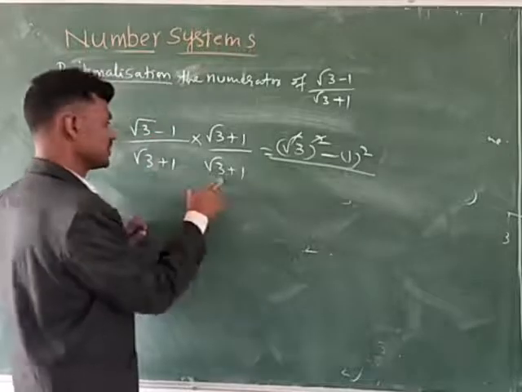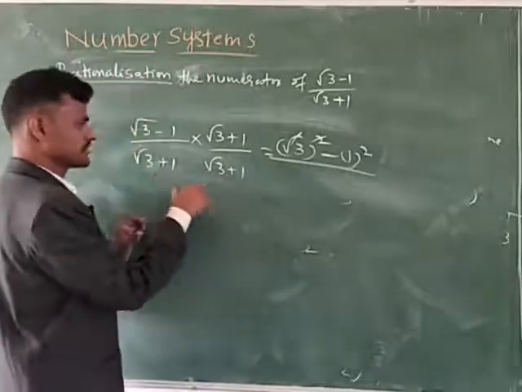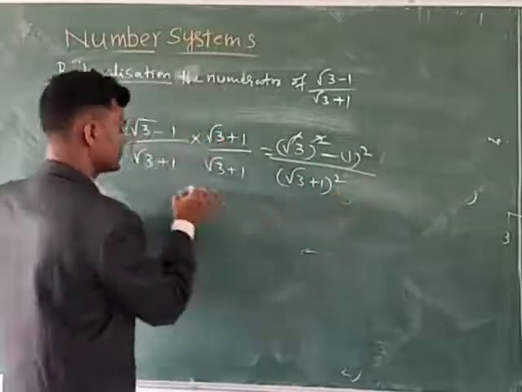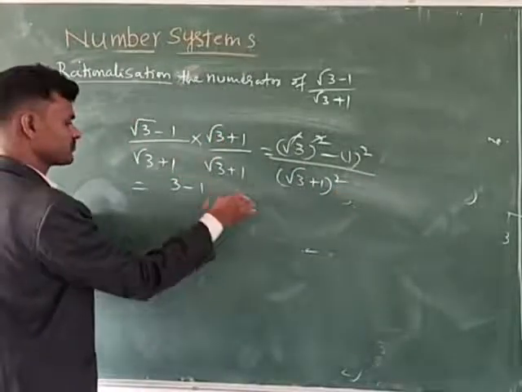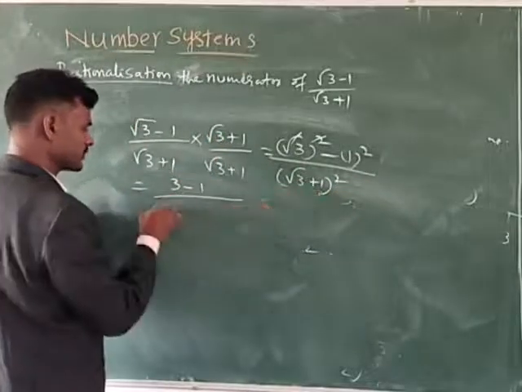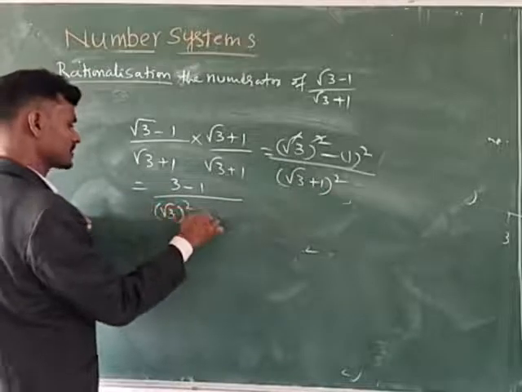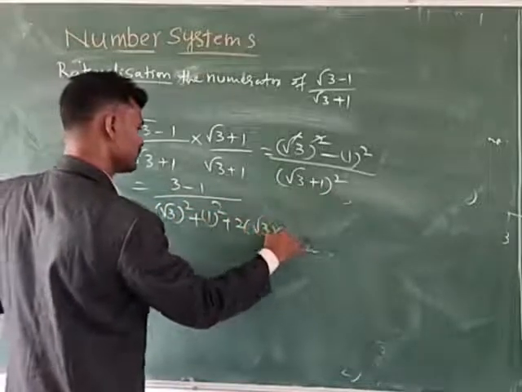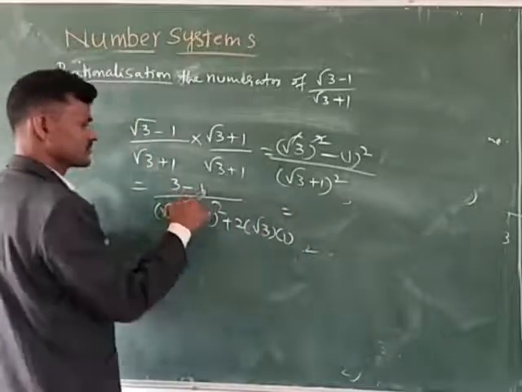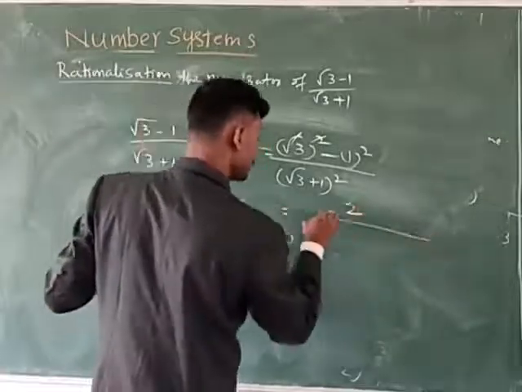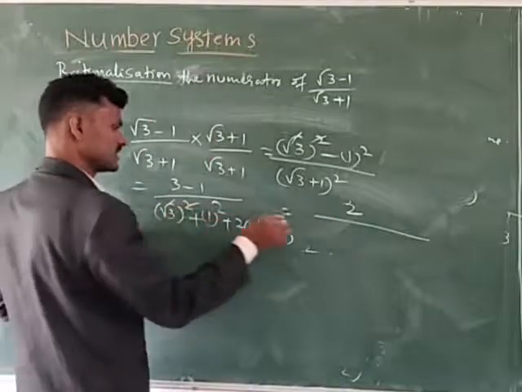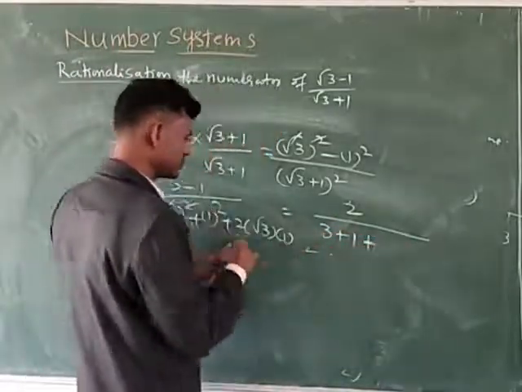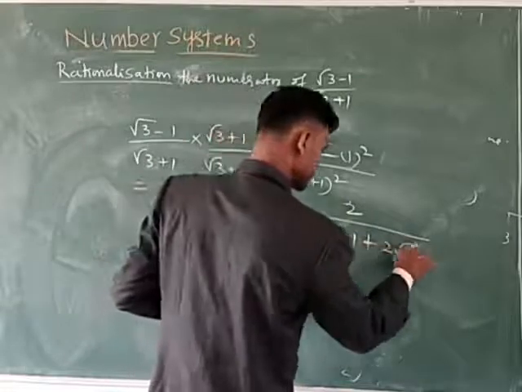Then in the denominator, root 3 plus 1 into root 3 plus 1, root 3 plus 1 whole square. Then this is 3 minus 1 by, this is the (a plus b) whole square formula: root 3 whole square plus 1 square plus 2 into root 3 into 1. Now 3 minus 1 is how much? 2. In the denominator, the square root cancels, 3, and 1 square is 1, plus 2 root 3.